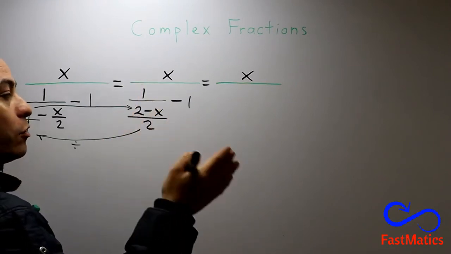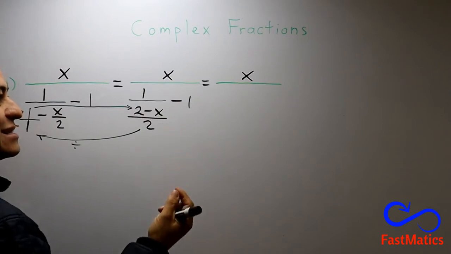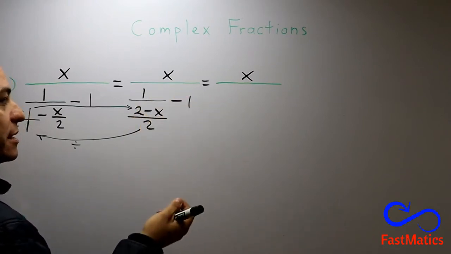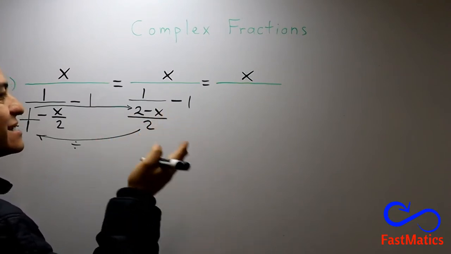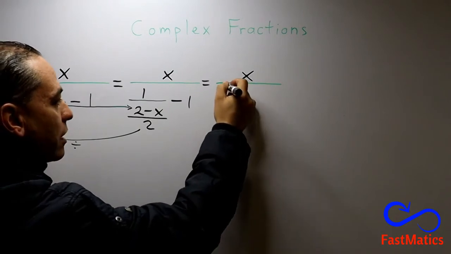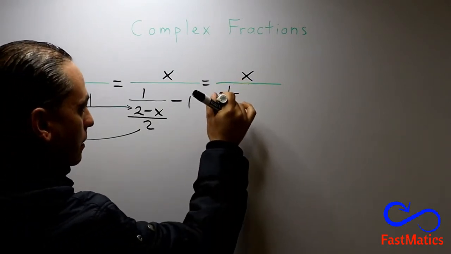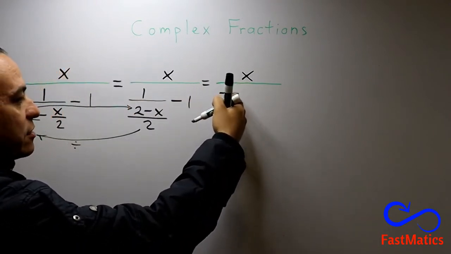Well, always when you have only one number, this number is the numerator. And you are going to add a denominator. What denominator? The number 1. You can always add the number 1 as a denominator. So you write 1 over 1. Because instead of writing 1, you write numerator and denominator.